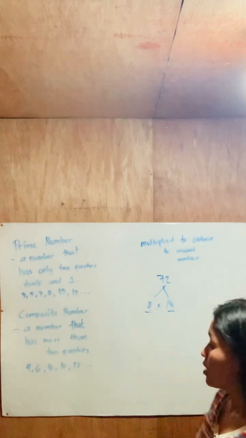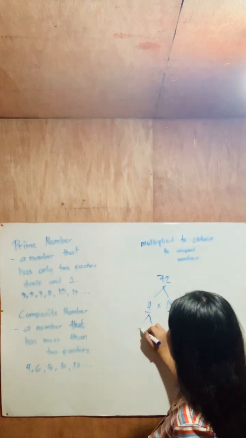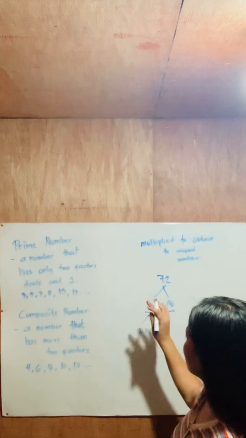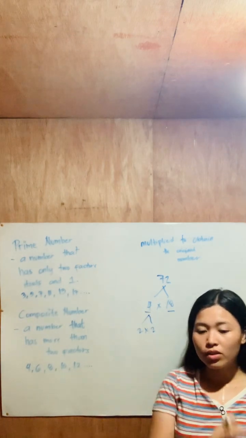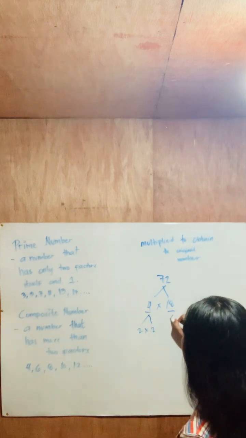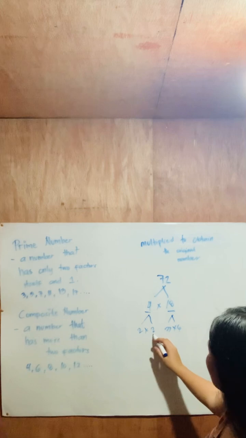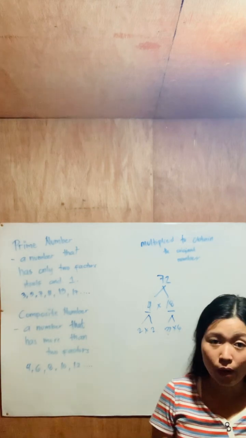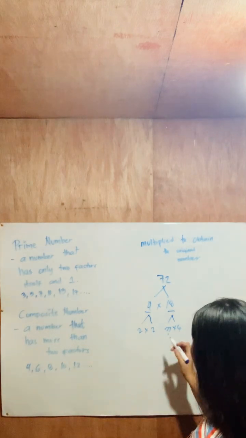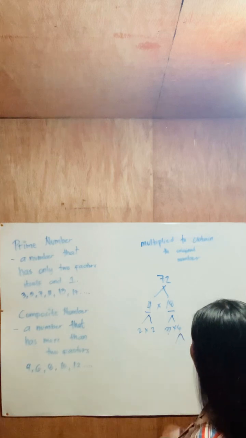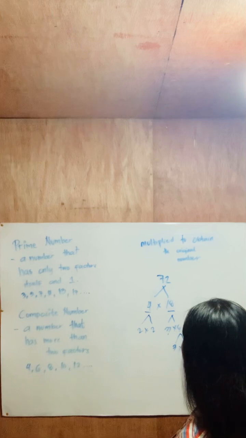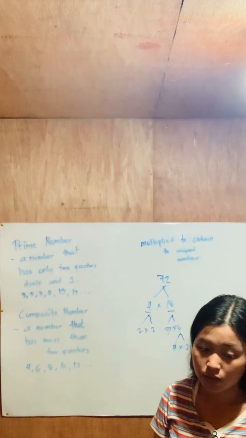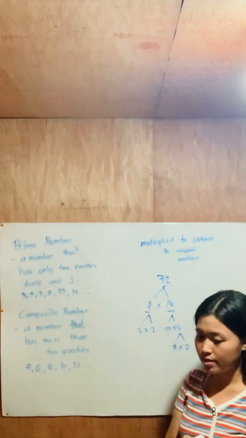So 2 times 2 is equal to 4. How about 18? We have 3 times 6. Since 2, 2, and 3 are prime, we can stop there. But 6 is composite, so we have 3 times 2 is equal to 6.